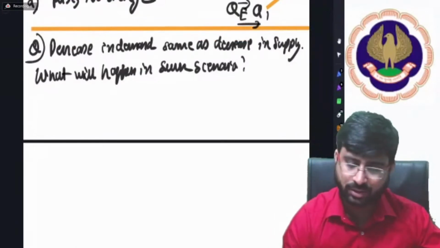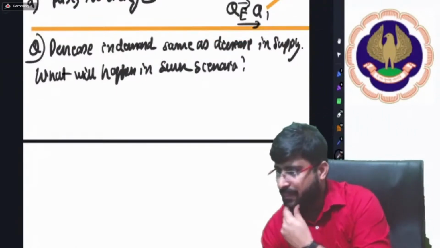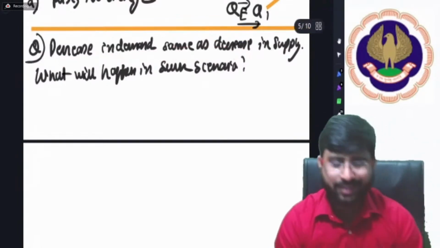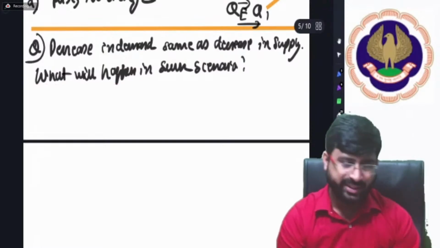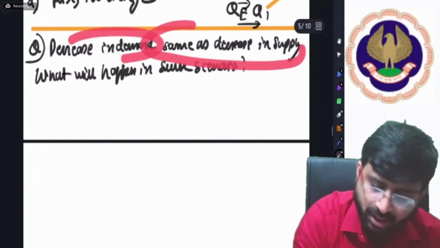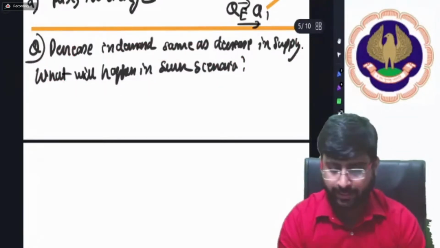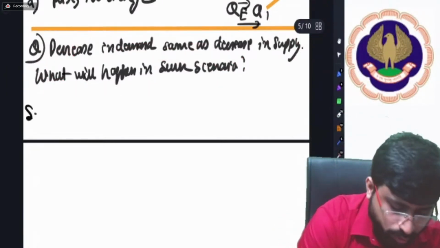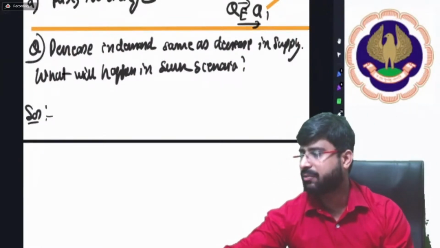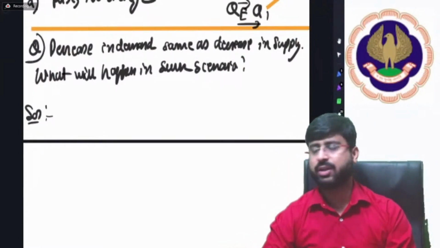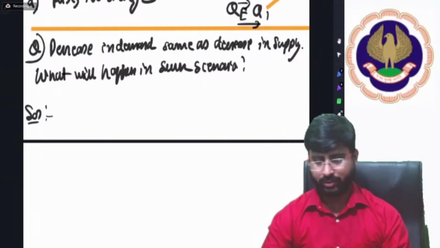Let's do this one: decrease in demand, same as decrease in supply. What will happen in such a scenario? That is my simple question to you. Come on, answer me this. Fatafat, everybody. Come on, guys, let's hear it out.